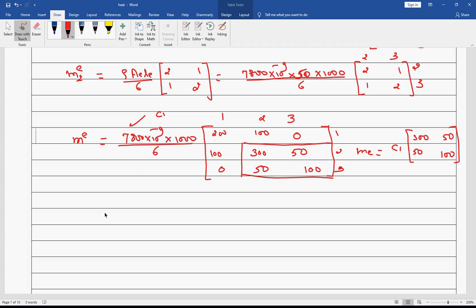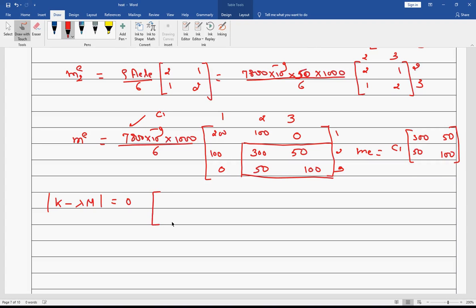Okay, so next step is we have to form, okay, k minus lambda m equal to 0, and I have to take the determinant. Okay, so let's write k minus lambda m. Okay, so I want its determinant to be 0.